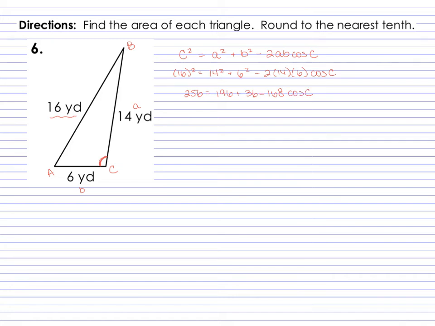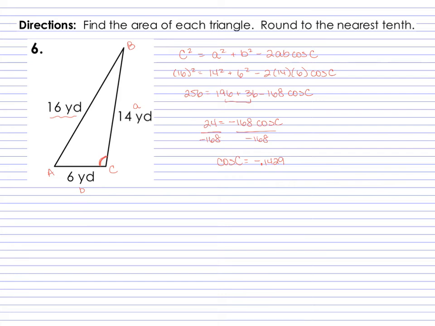I'm going to get cosine of C by itself, so I'm going to add these two together and subtract from 256, leaving me with 24 equals negative 168 times the cosine of C. Divide both sides by negative 168, finding that the cosine of C is equal to negative 0.1429.